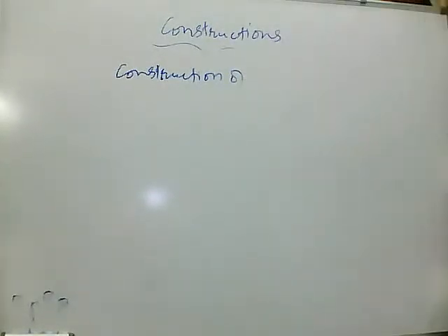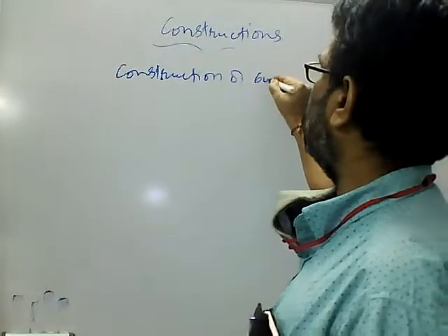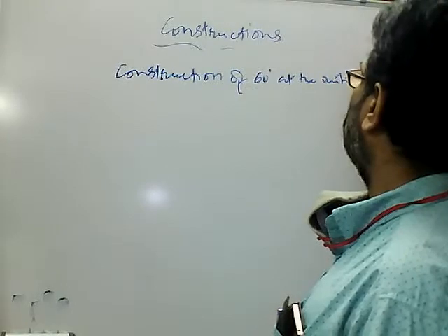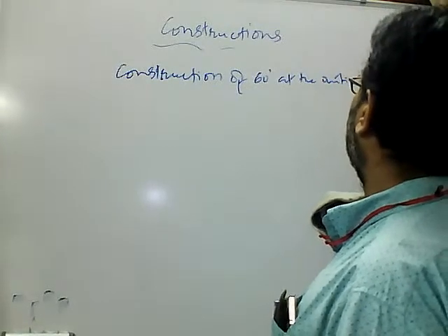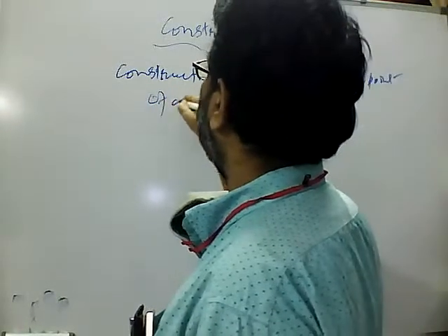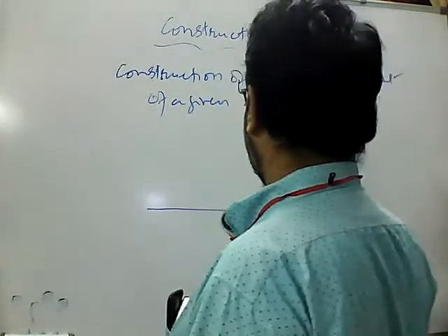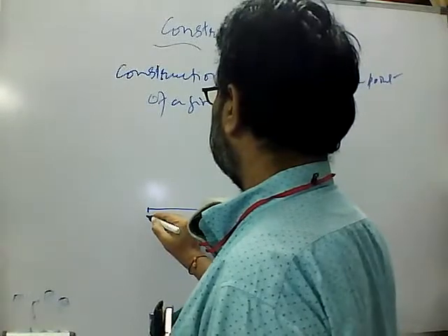Next point, construction of 60 degrees at the initial point of a given line. So you have drawn a line here, right?